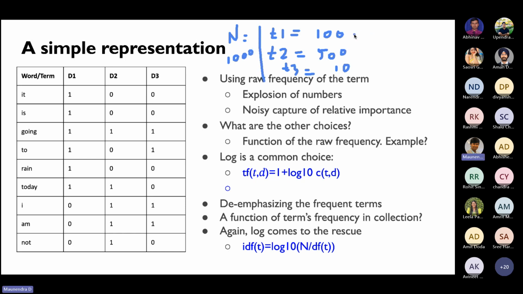Then the IDF weight for this one will be log 10 of N by DFT. That means 1000 by 100, which is 10. And what is this value? 1. Now for this one, what will be the value?